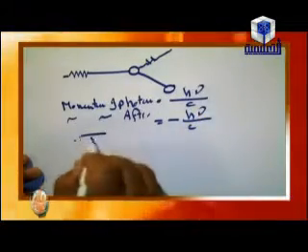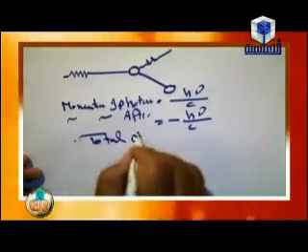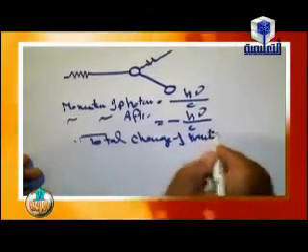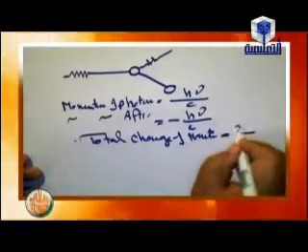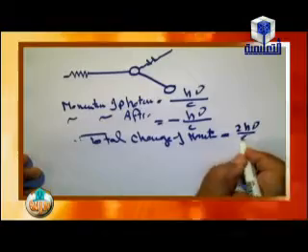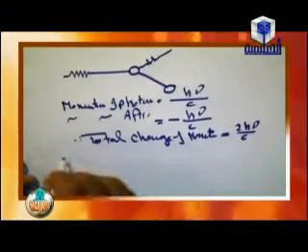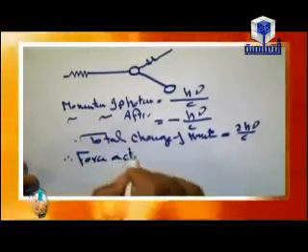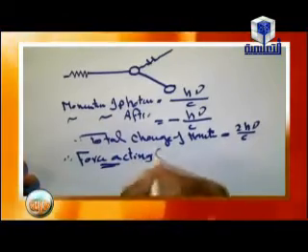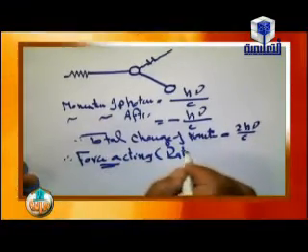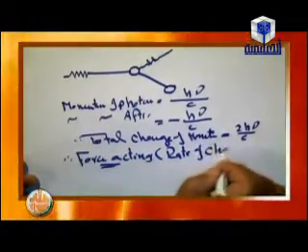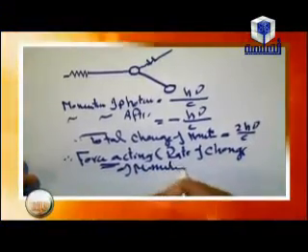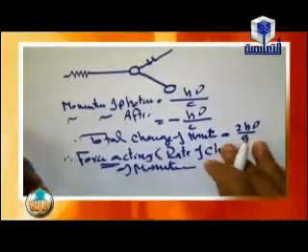Then the total change of momentum equals 2h nu over c. So the force acting, or we can write it as the rate of change of momentum, which is Newton's second law.